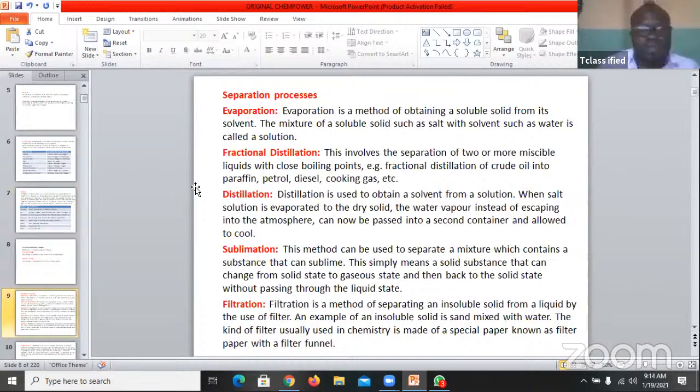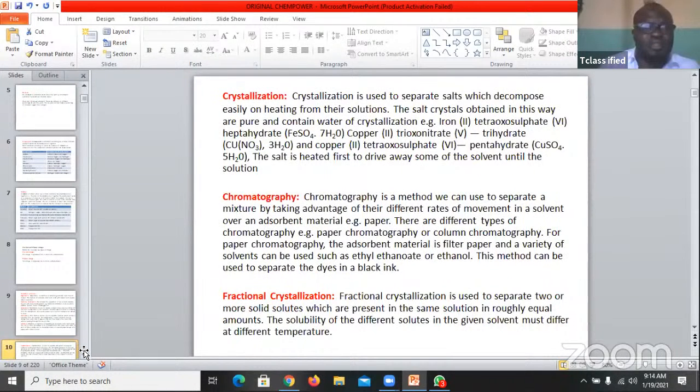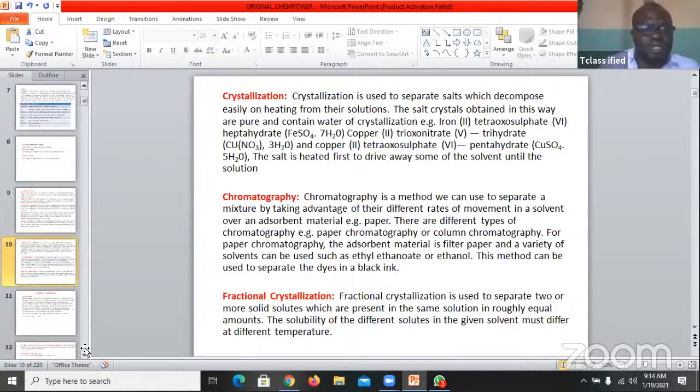Now, there are basic separation processes that we're going to be looking at. Evaporation, fractional distillation, the normal distillation, sublimation, filtration. These are separation processes. We're also going to be looking at crystallization, chromatography and fractional distillation.